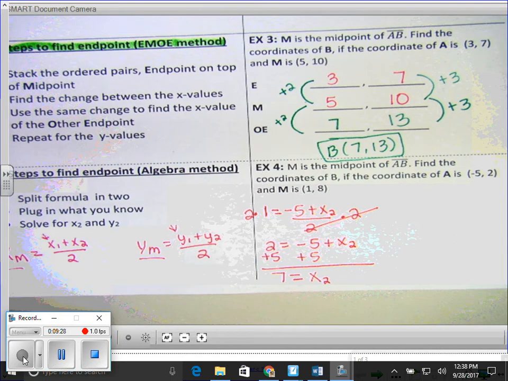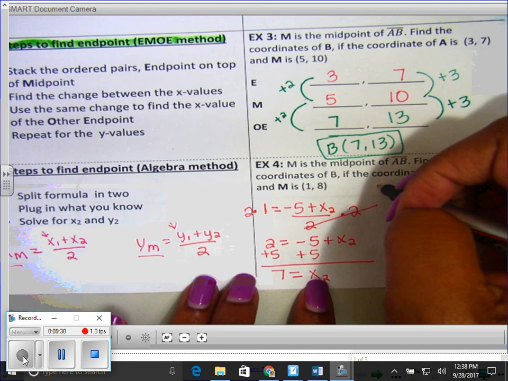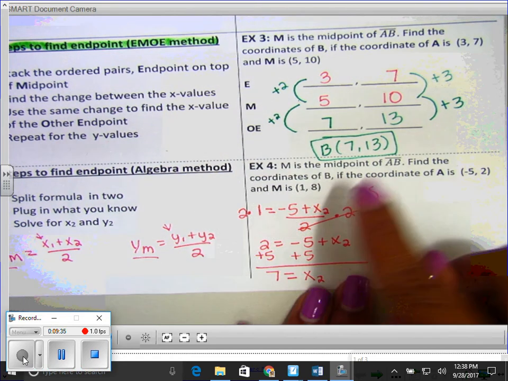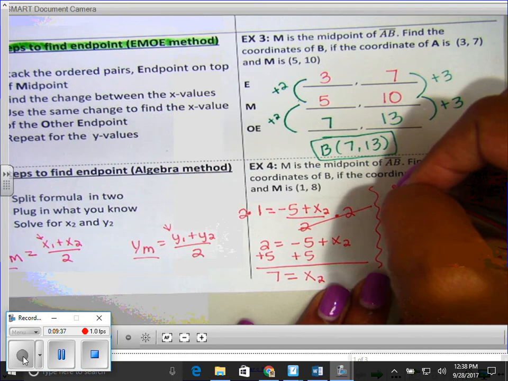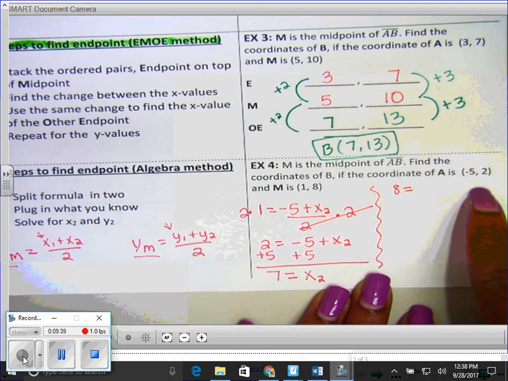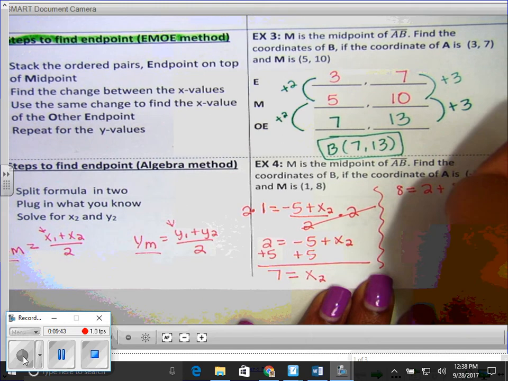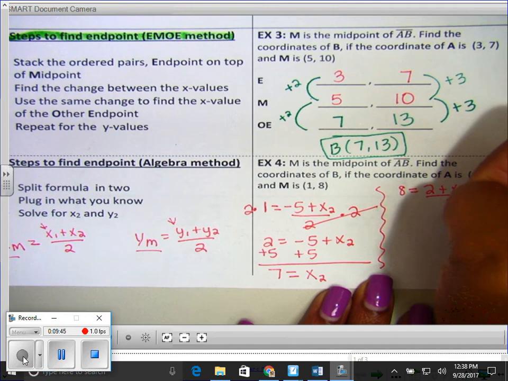And now we're going to do the same thing for the y values. So I'm going to kind of split this up. So the y value of the midpoint is 8. So we get 8 equals, the y value of A is 2, so we get 2 plus y2 divided by 2.